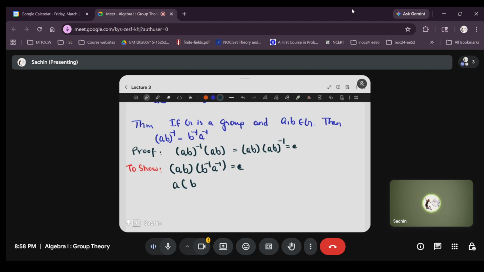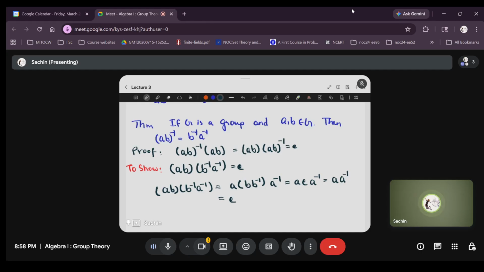But that is simple because AB times B inverse A inverse equals A times BB inverse times A inverse, and BB inverse is the identity element. A times the identity element is nothing but A into A inverse. So this is nothing but the identity element. Thus, the inverse of AB is B inverse A inverse.